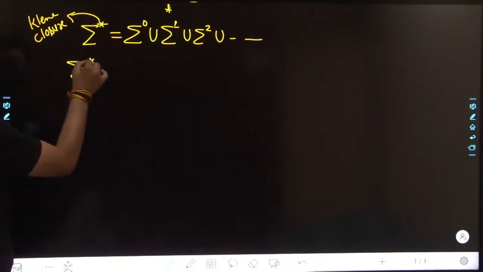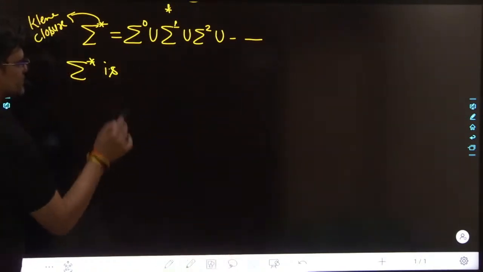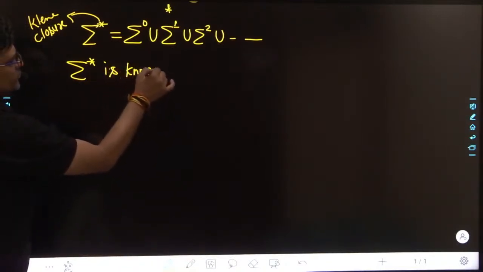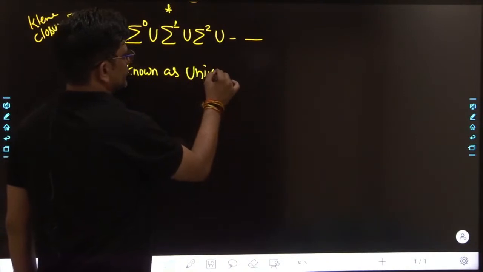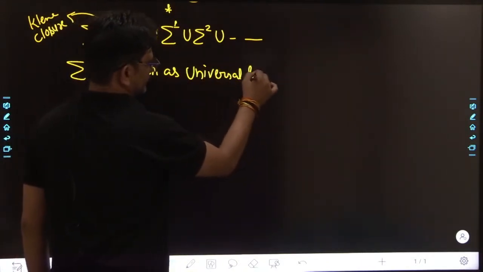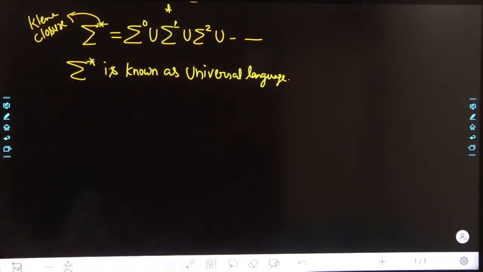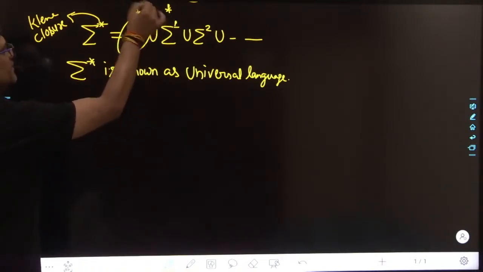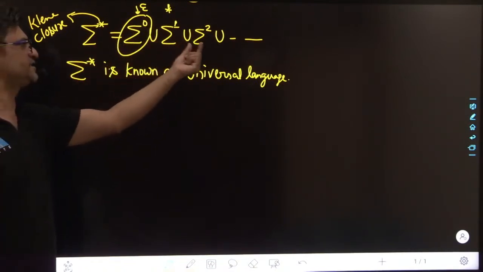Sigma star is known as universal language. We'll see what is language, wait for some time. Because of this, it contains the null string or epsilon. This is the 0 length string, this is the 1 length string, this is the 2 length string.